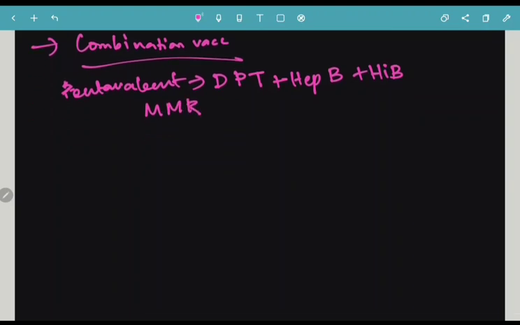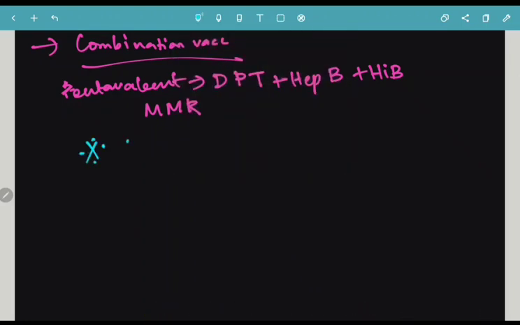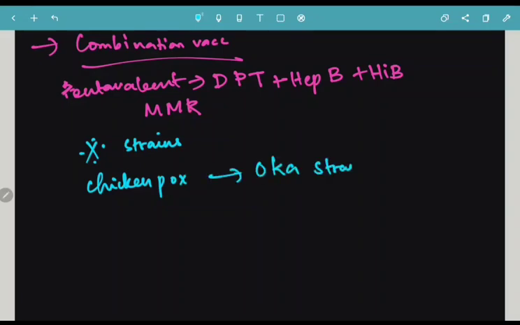Now let's look at some important strains used in vaccines. First is chicken pox. What strain do we use for chicken pox? It is the Oka strain. Next, moving on to measles.